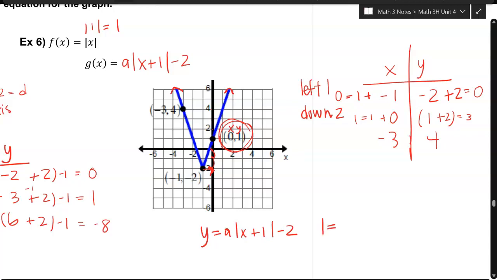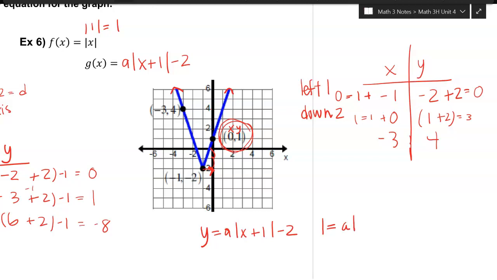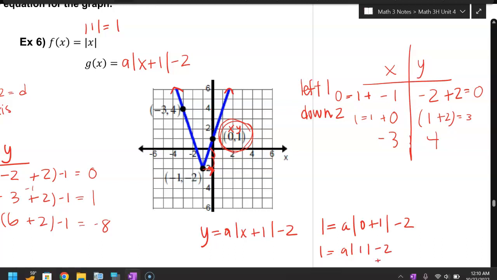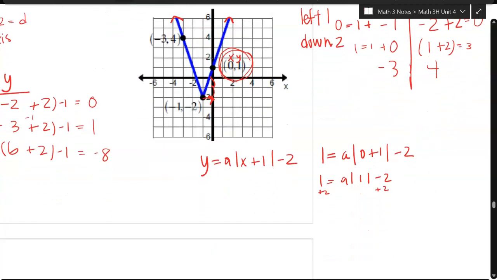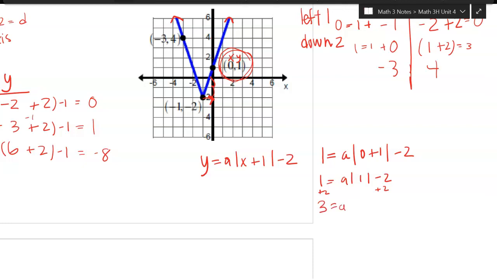We'll have 1 equals a, because we don't know what a is, 0 plus 1 minus 2. So that's 1 minus 2. So we're going to add 2. All right, 3 equals a, and then absolute value of 1 is just 1.